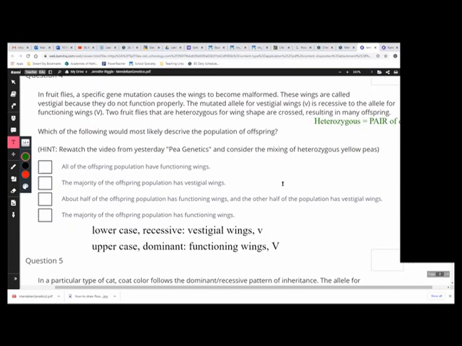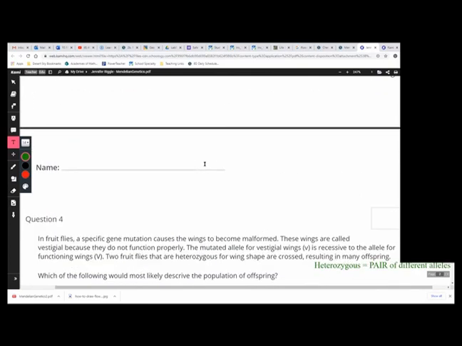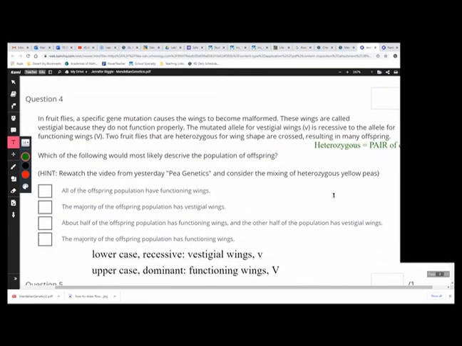So if we come down here and we are talking about the genotype or the letter type of a fruit fly, and it tells us for its wings, we're going to use the letter V, and it's going to be either capital or lowercase. And we know that it is heterozygous, which means the letters are going to be different.